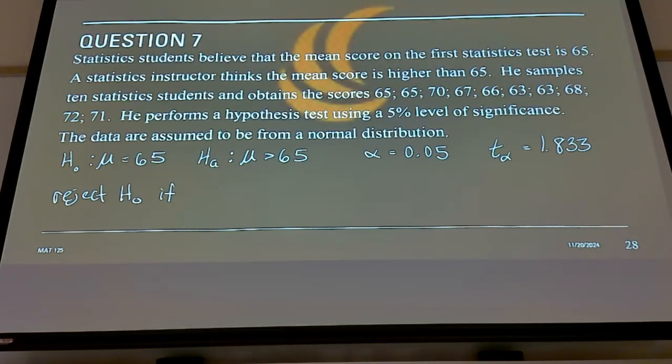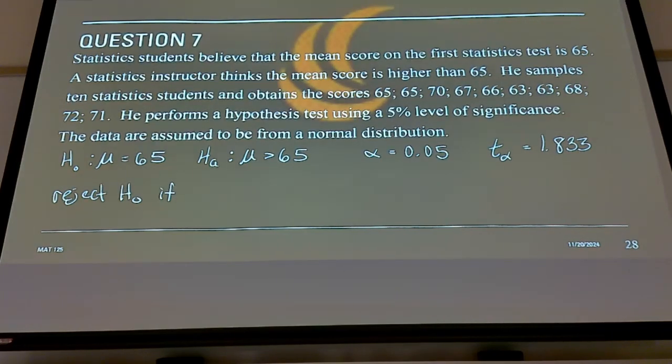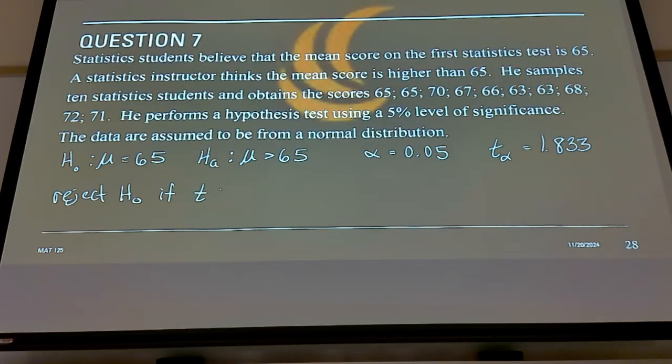When do we reject the null? We reject if t is greater than t sub alpha. Now we have to find t. Unfortunately, that means we have to find the mean and the standard deviation.